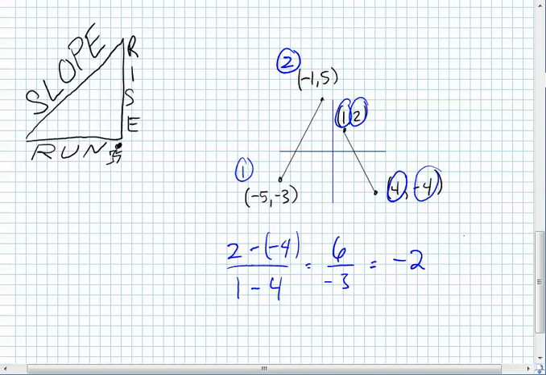If you had done it the other way around, you would have got -6 over +3, which is still -2. So regardless of how you calculate it, the slope's always the right sign if you do it the same way every time. But again, as a helpful reminder, uphill is positive, downhill is negative, which is an easy way to look at it.